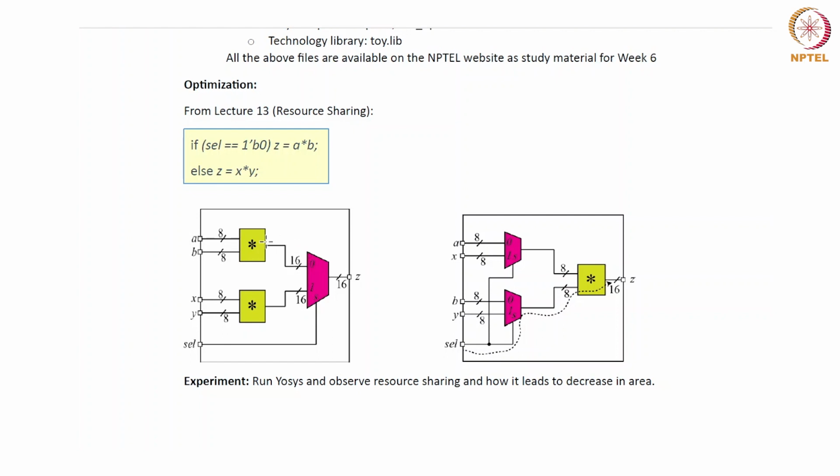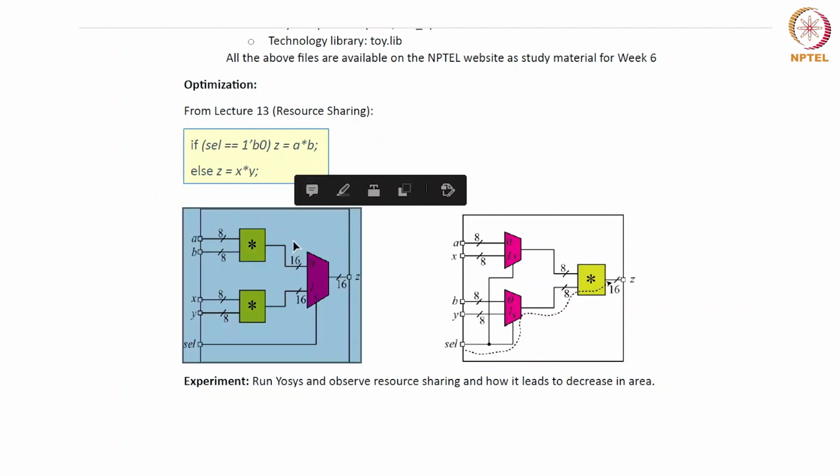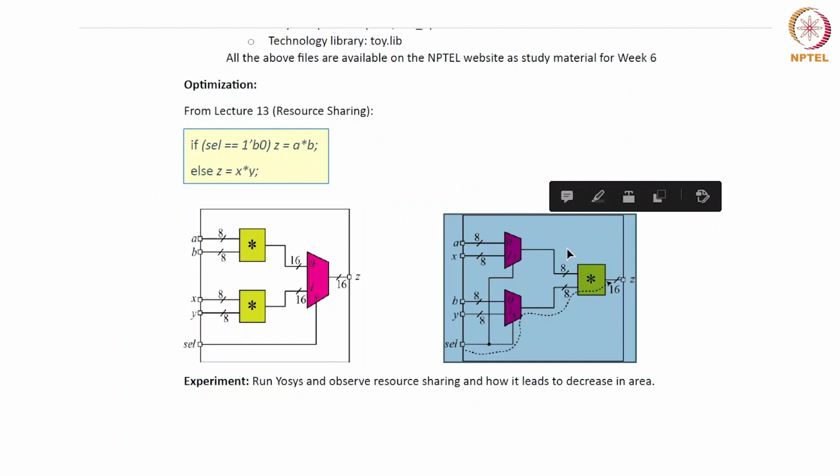But we can actually save resources. The most costly resource in this circuit is the multiplier. A multiplier typically occupies a large area and therefore we want to use fewer multipliers in our circuit. So, what the tool can do is transform the original circuit to the circuit shown on the right hand side.